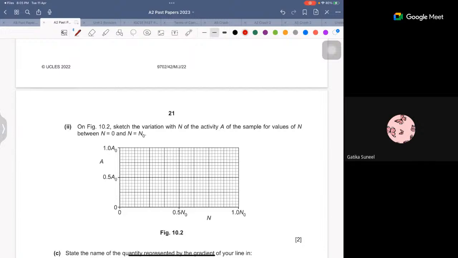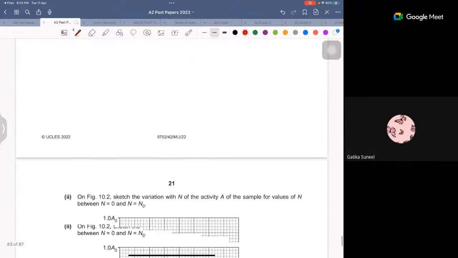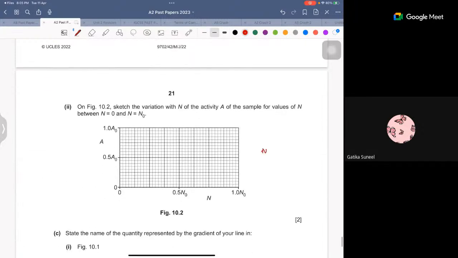Now, it says on the same axes, sketch the variation of the activity of the sample with N. Basically, the formula is N equals N naught e to the minus lambda t, and A is equal to A naught e to the minus lambda t.